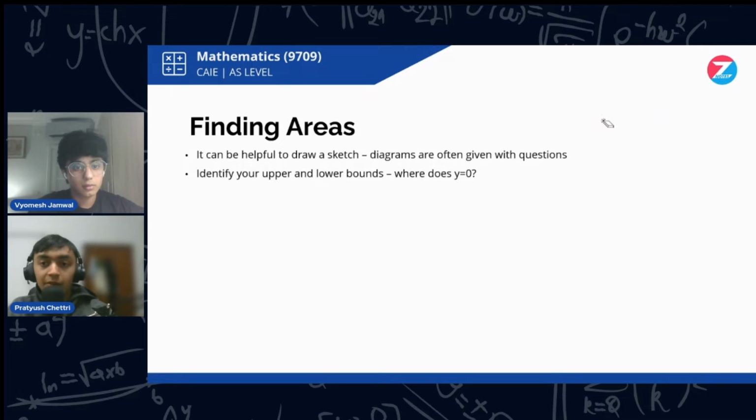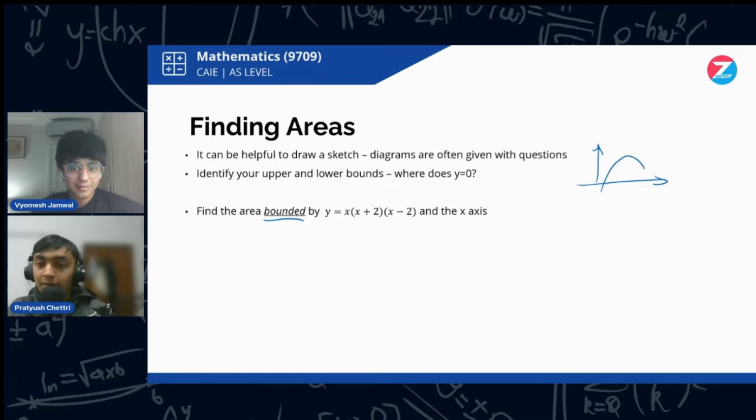And here's a good point. A lot of questions will say area bounded by. What this means is, if I have a curve like that, the area bounded by this curve and the x-axis is here. Bounded by means it makes a closed shape. If I imagine this curve and the x-axis, see, it makes a closed shape.